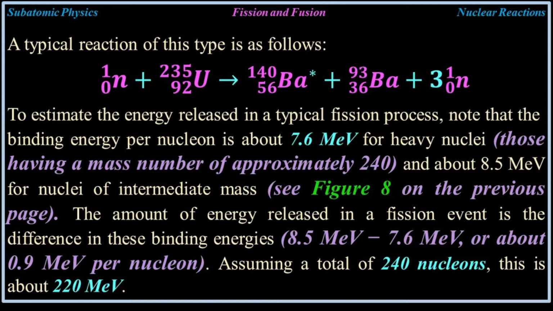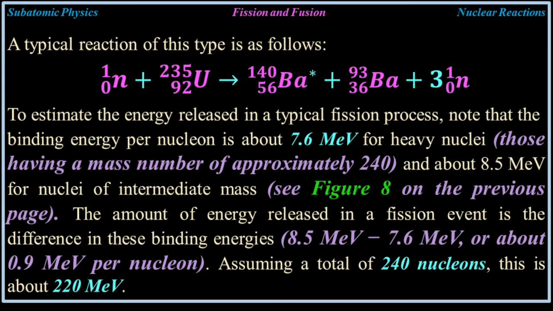To estimate the energy released in a typical fission process, note that the binding energy per nucleon is about 7.6 mega electron volts for heavy nuclei, those having a mass number of approximately 240, and about 8.5 mega electron volts for nuclei of intermediate mass. See figure 8 on the previous page.